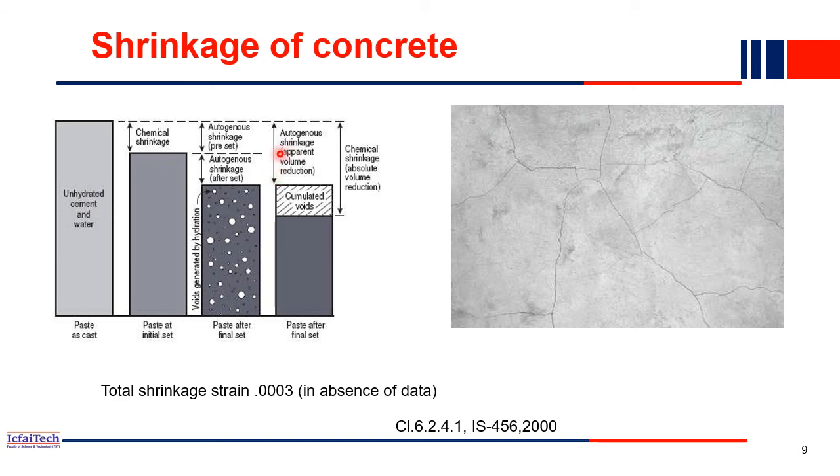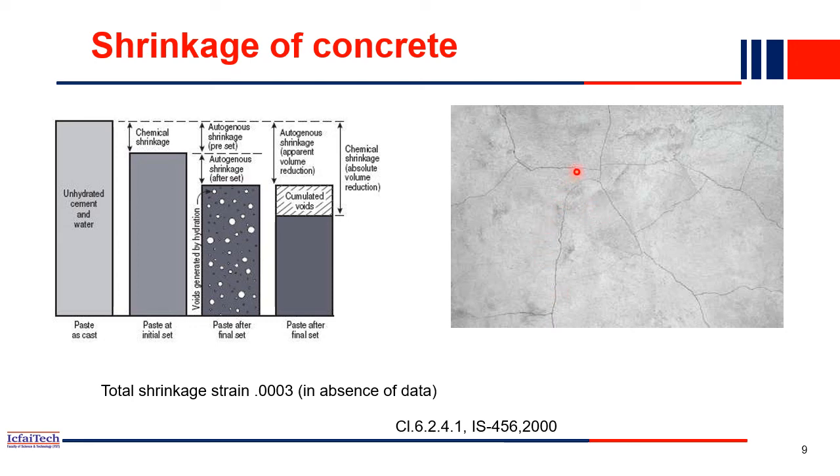So when the water content is evaporating, what will happen? It will create voids in the concrete. And that's why we can see this type of micro cracks on our concrete surface. These cracks you will find in almost every concrete structure, and these are nothing but shrinkage in the concrete. Means because the water content in the concrete has evaporated, this type of voids are present.